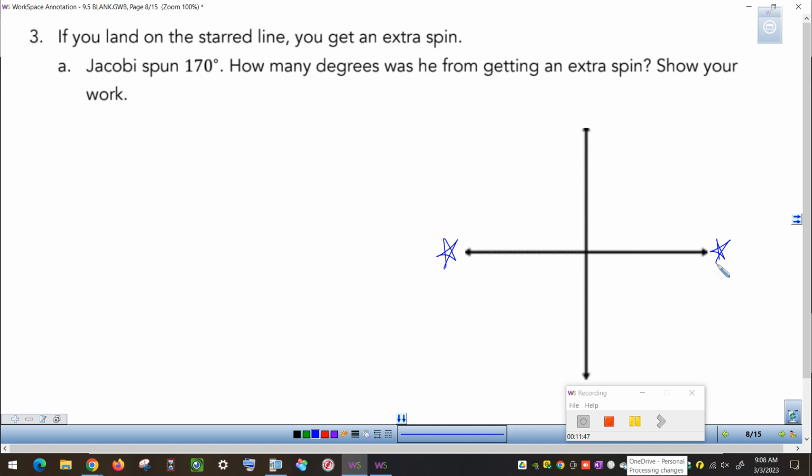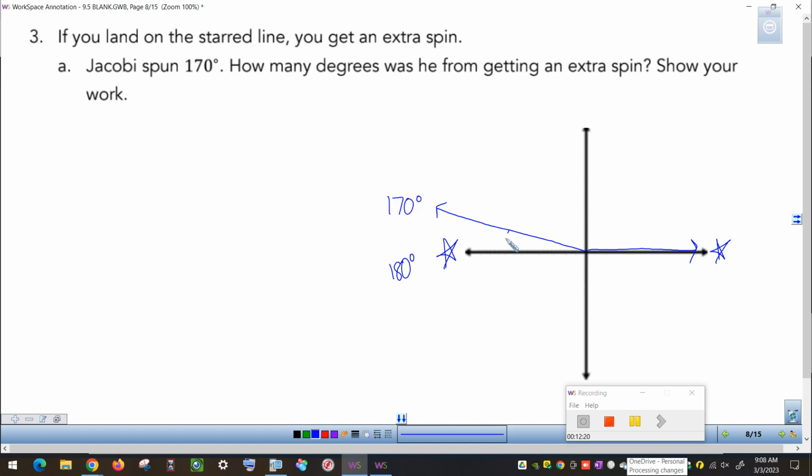Well, starting here at our initial side, getting all the way to the star position, halfway around our circle is 180 degrees. 170 is just a little bit less than that. So let's draw a terminal side here to represent the position of 170.